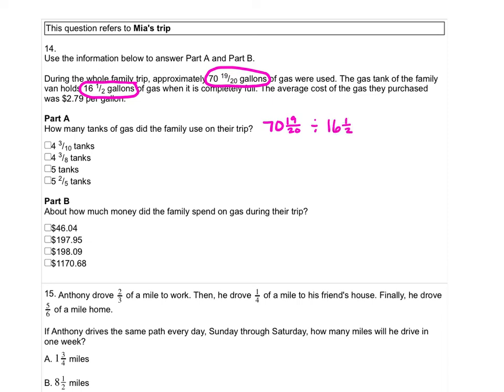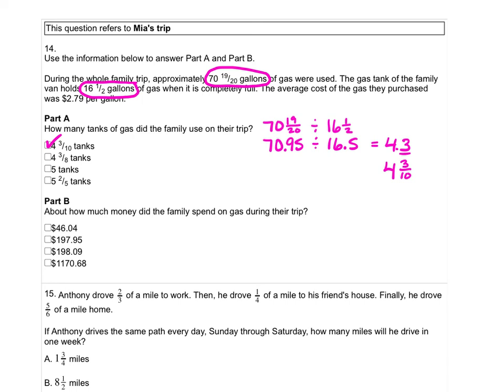And I'm going to go ahead and change them to terminating decimals because they will go there. 19 divided by 20 in your calculator is 0.95. 1/2 is 0.5. And so we would just then divide. And that comes out to 4.3. Now our answer choices are in fraction form. So 4.3 is 4 3/10 because it's in the tenths place. And that is this first answer choice.